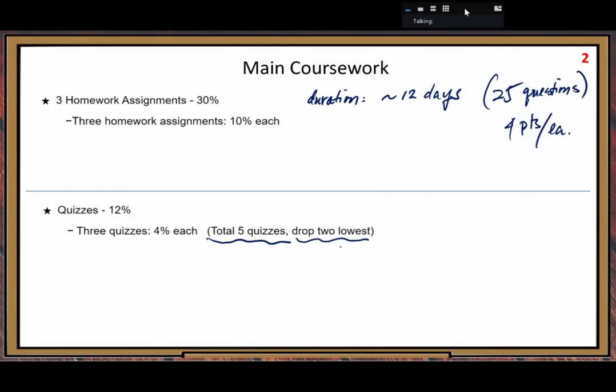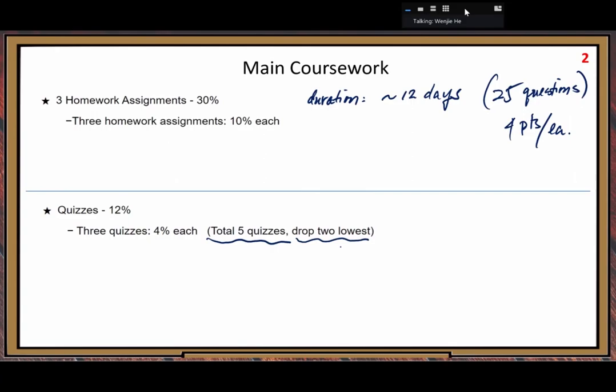All 5 quizzes are online quizzes, not in-classroom quizzes, because our classroom time is very precious. I don't want to use our classroom time to do the quizzes.